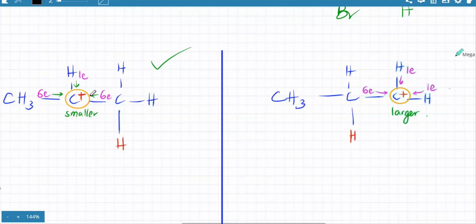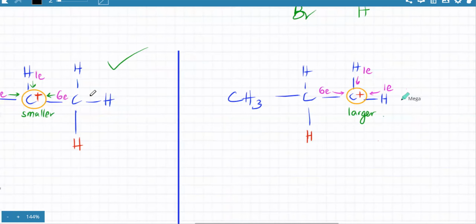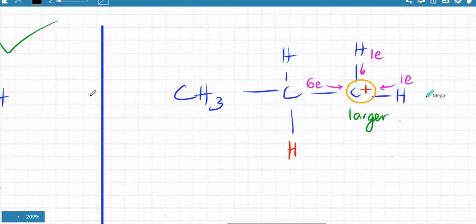Okay, so this one is going to be relatively larger. The next part is that this larger positive charge is the reason why this carbocation is going to be unstable. What does that mean? Now focus on this one. We've already discussed that the positive charge is large.